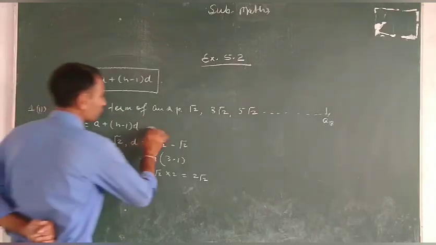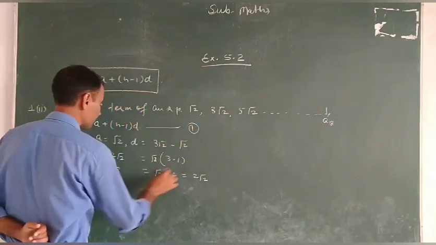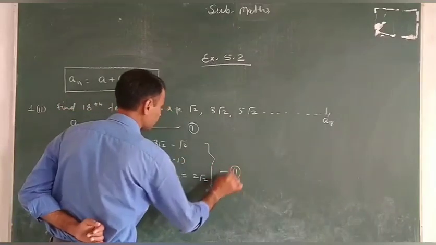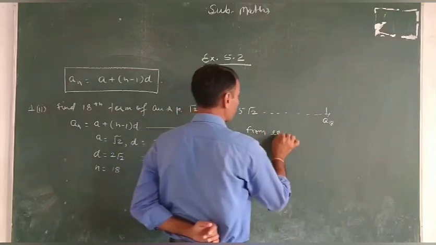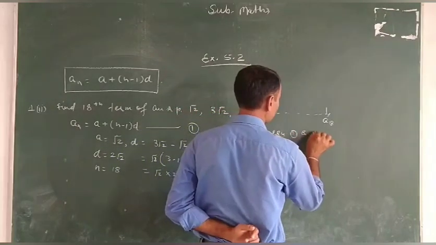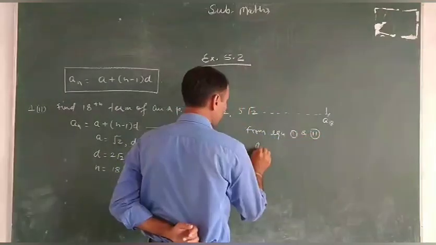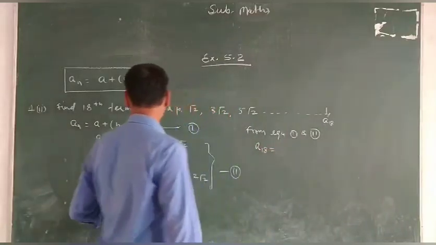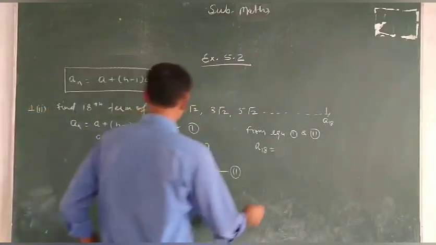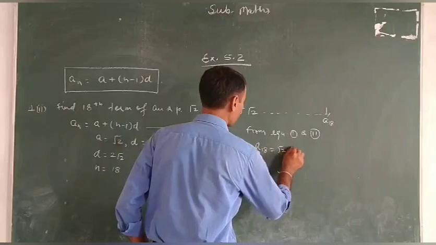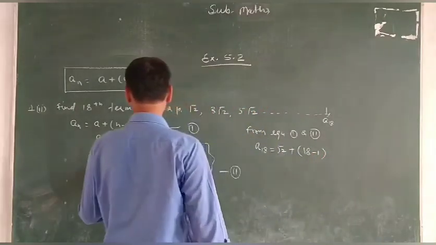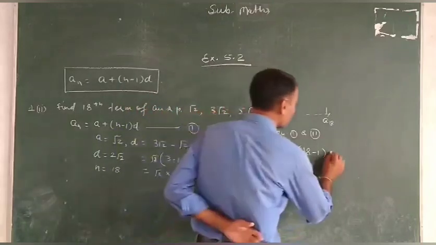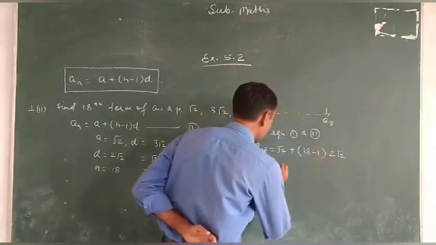So by putting the values in the formula, A18 will be A, that's root 2, plus 18 minus 1 into D, the common difference, that's 2 root 2.